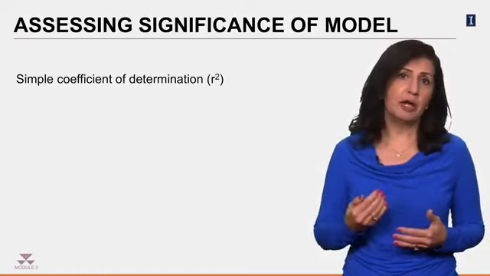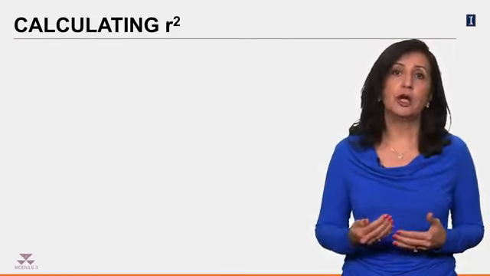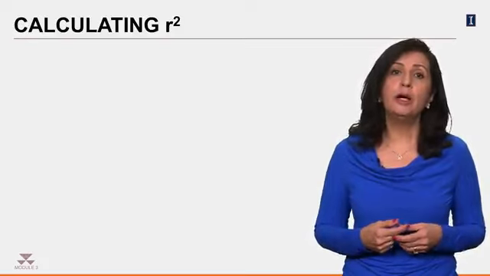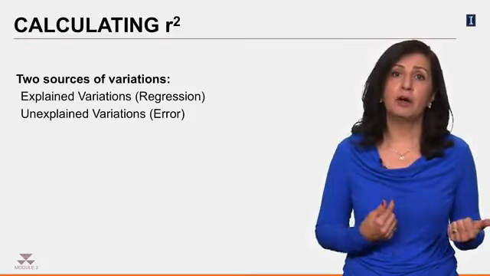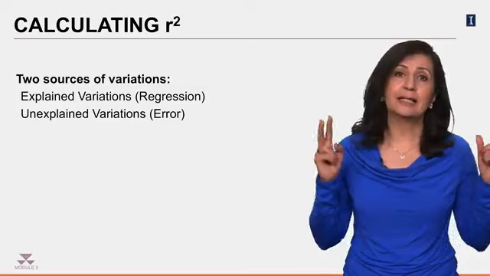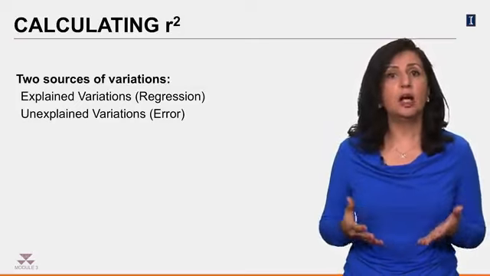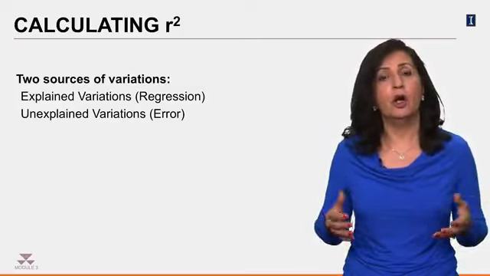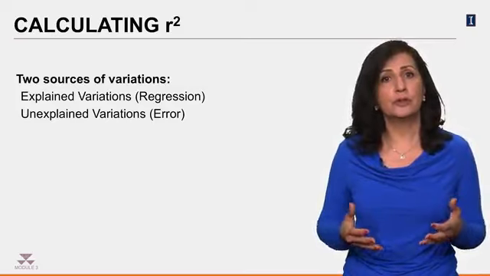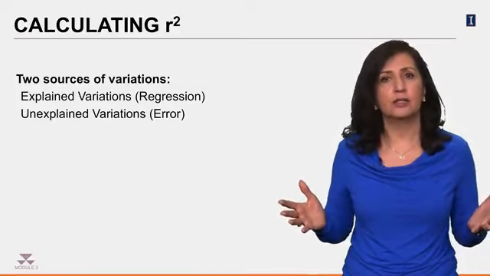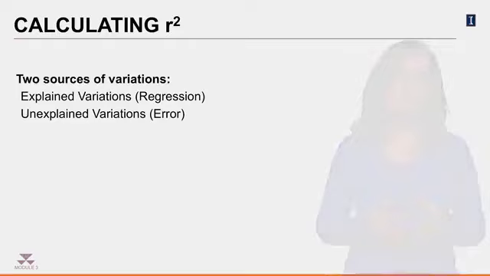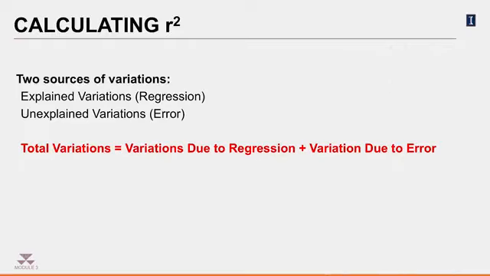The sources of variation when performing regression are from two sources. One is from the regression variable we have identified. We call this the explained variation. And the other source, which is unexplained, are called error or residuals. And this is everything else that causes variation. So think about it this way. Total variation is the sum of these two sources.